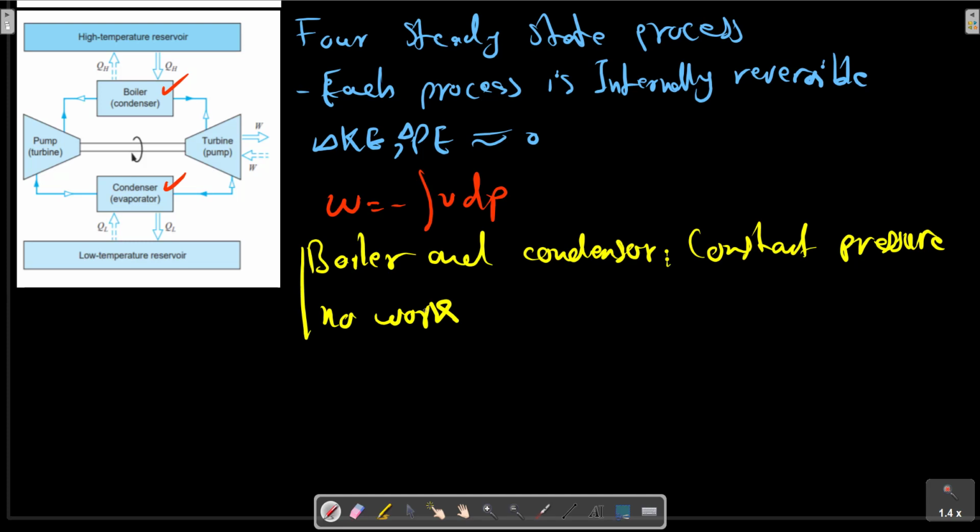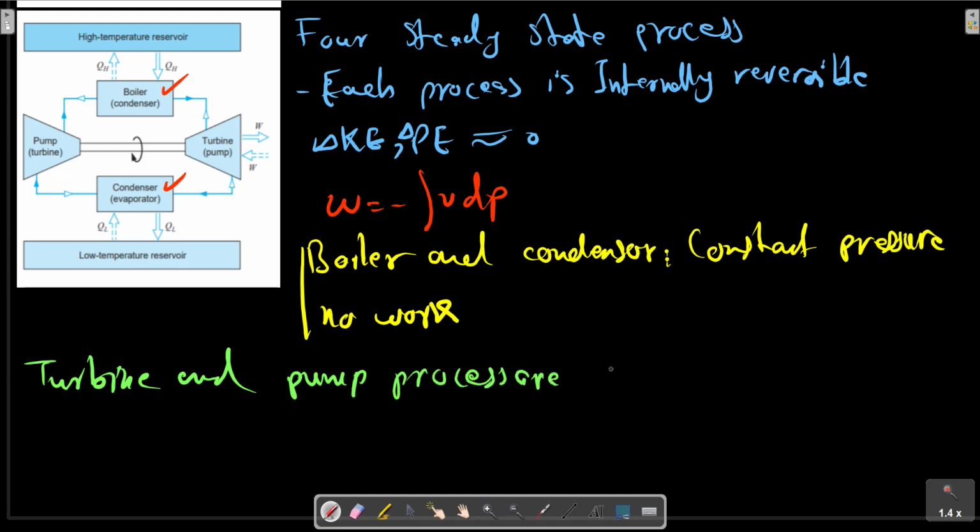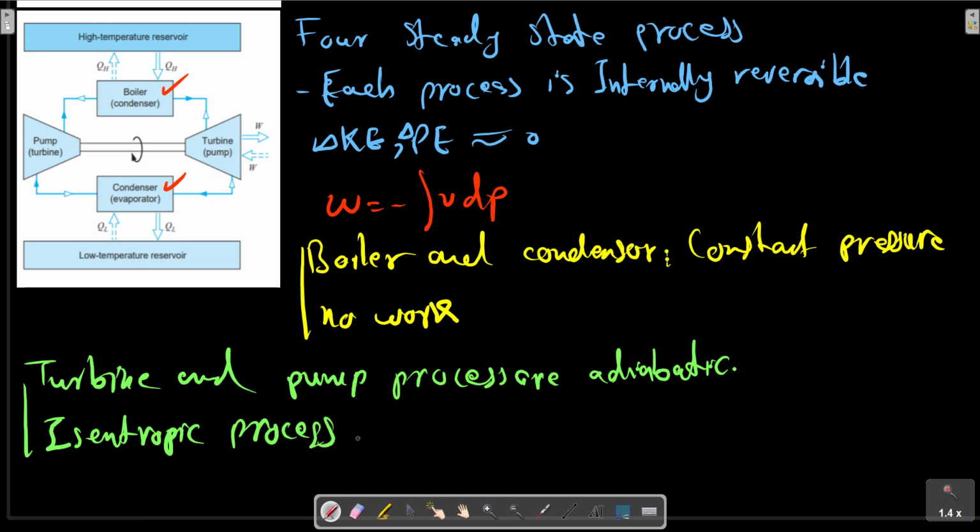Let us also assume that the turbine and pump processes are both adiabatic and are therefore isentropic processes, delta S equals 0.